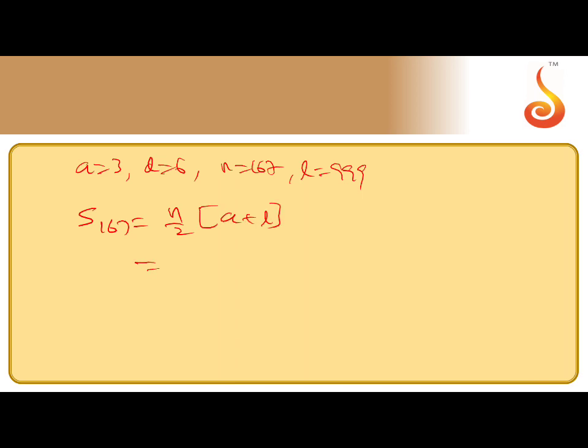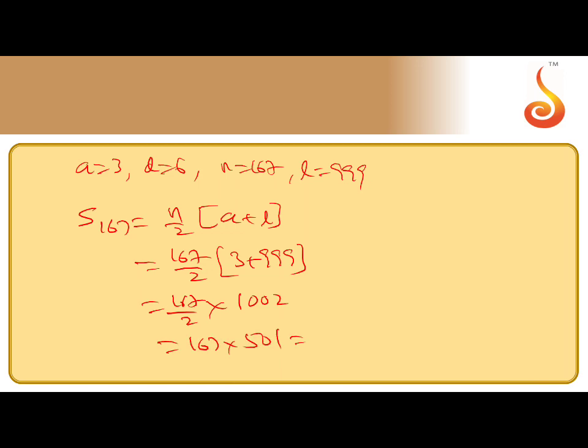So n is 167 by 2 into (3 plus 999). So 167 by 2 into 1002. So that is 167 into 501. After multiplication, I'll give the direct answer. Some big multiplications you have to work out yourself.